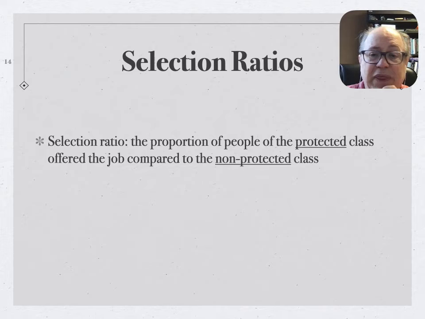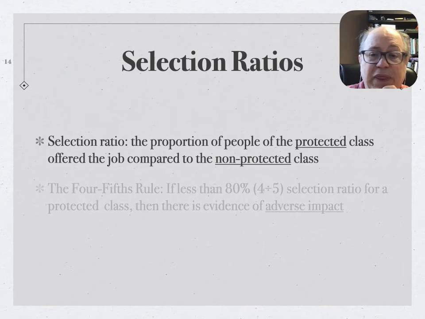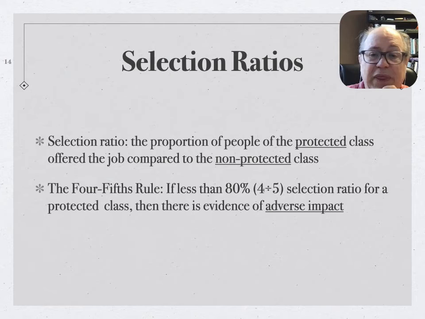And after that calculation is done, then a 4/5 rule is applied. That is, if it's less than 80% selection ratio for a protected class, that becomes what we refer to as prima facie evidence of adverse impact. Prima facie meaning on its face, you can see it, and a further investigation is therefore warranted.